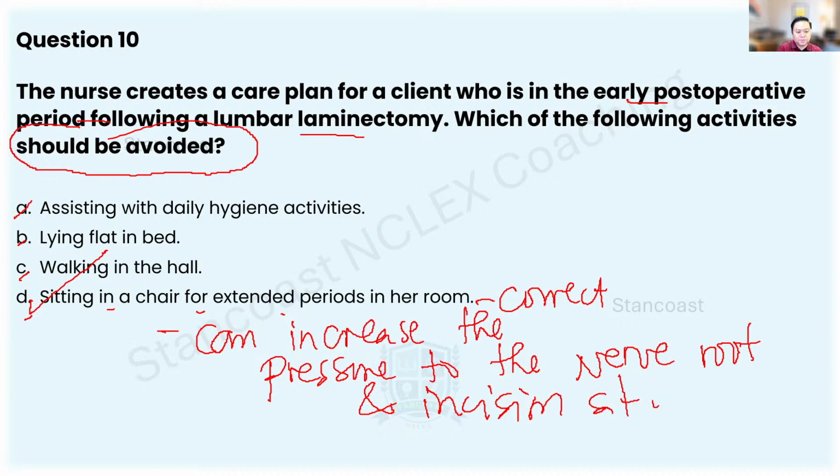So that's the rationale why we should prevent her from doing this prolonged sitting in her room. Okay, that is the correct rationale.